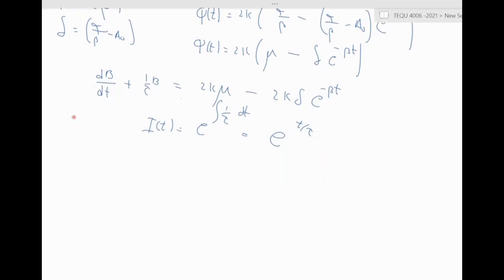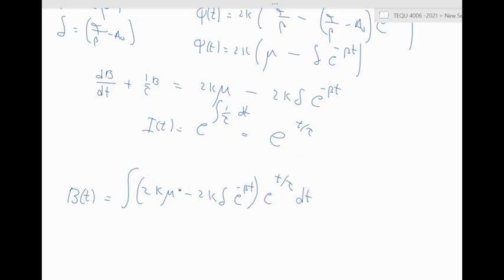So our solution for v, in a very, very general expression, will be v of t equal to the integral of 2k mu, right, which is all this, minus 2k times delta times e to the minus beta t, all of that, times e to the t over tau dt.